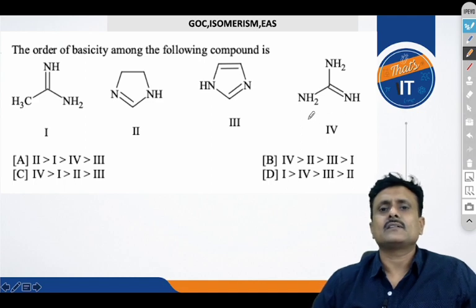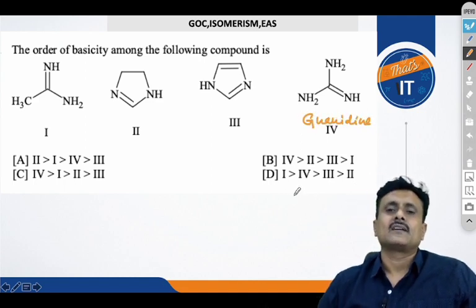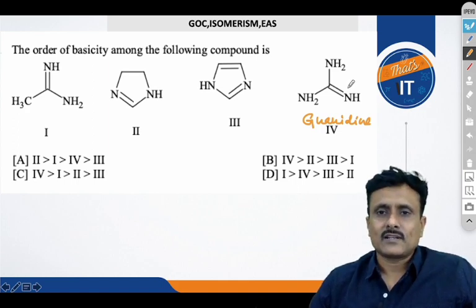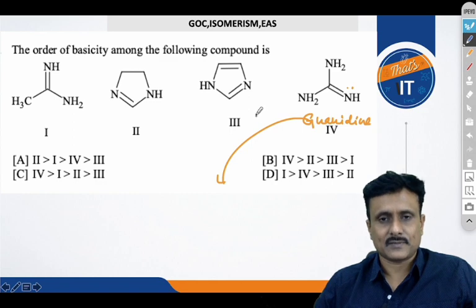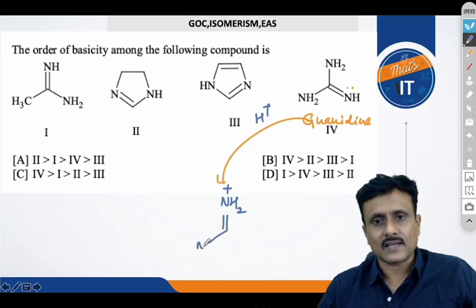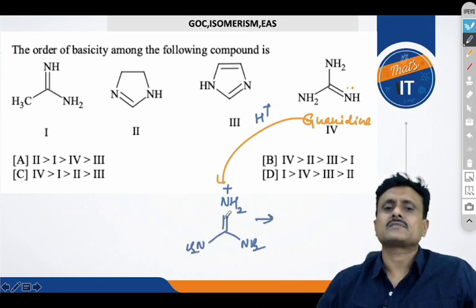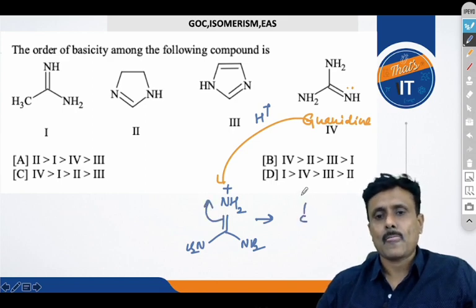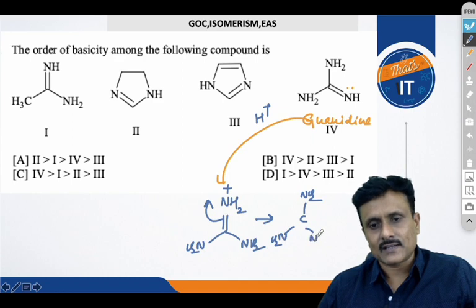Let's see the question which is repeatedly asked in JEE about guanidine. In case of guanidine, what will happen when it accepts a proton, when it is accepting the H+. You can see the conjugate acid which is formed from the base is this, which is stable because of the 3 +M effect of the identical NH2 groups.